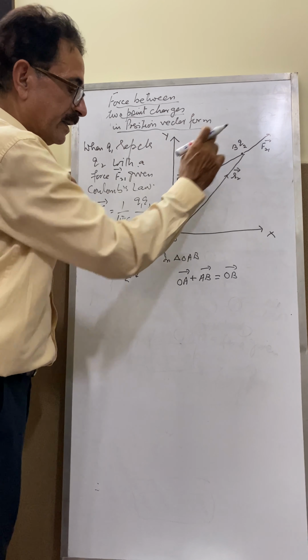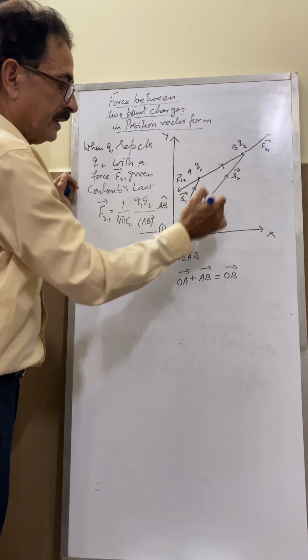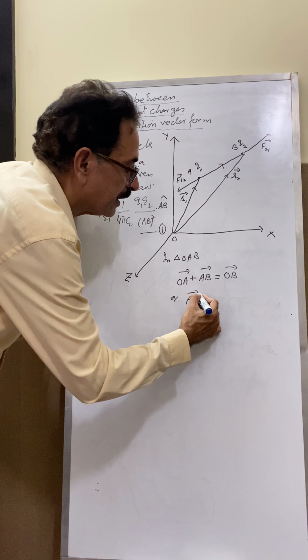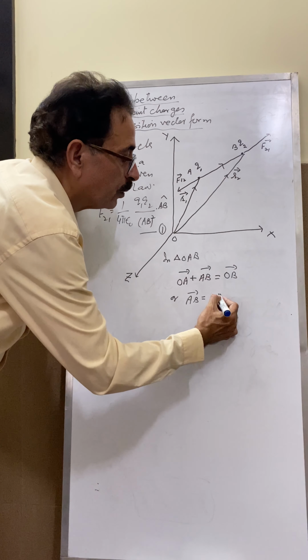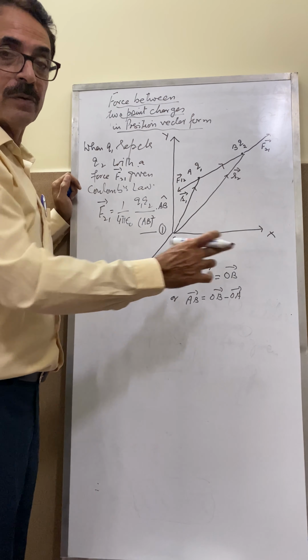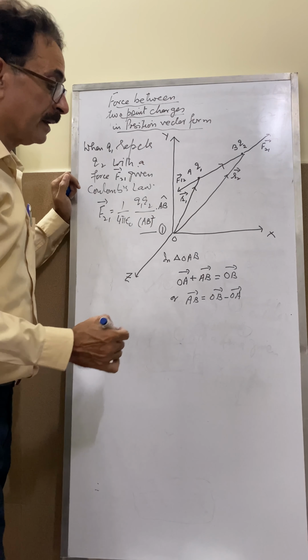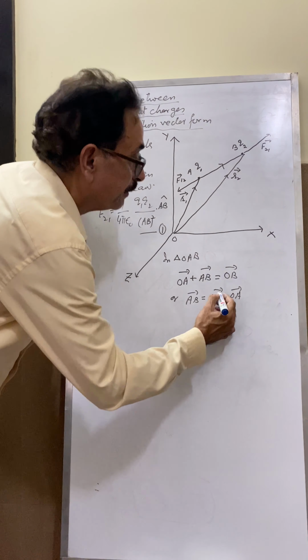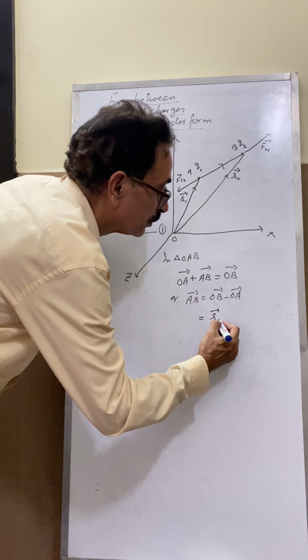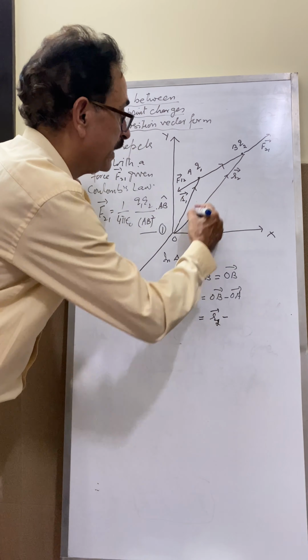OA plus AB is equal to OB, or vector AB can be written equal to vector OB minus vector OA. OB and OA we subtract. This OB is equal to R2 vector, and OA is equal to R1 vector.